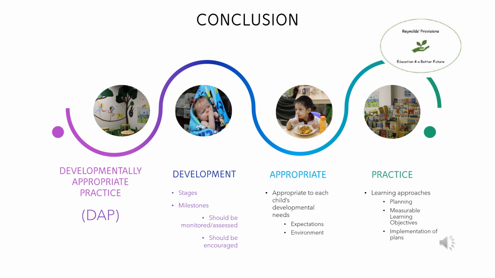Development was explained by describing the stages of children's developmental patterns as described by Erik Erikson. Appropriateness was discussed as suitable expectations and planned activities for the stages described by Erikson. Finally, in the practice topic, we discussed applying developmentally appropriate information into planning, creating an appropriate environment, and the implementation of your plans.